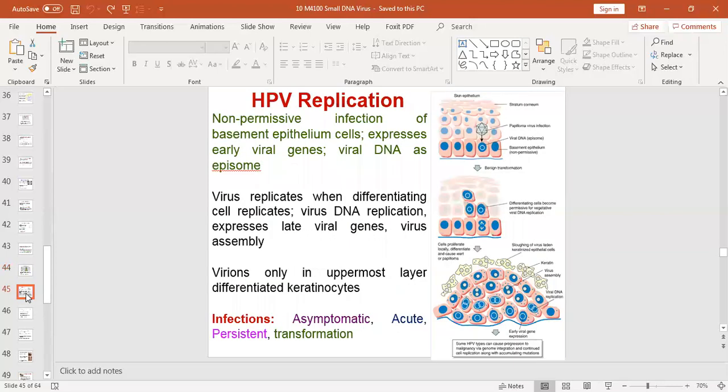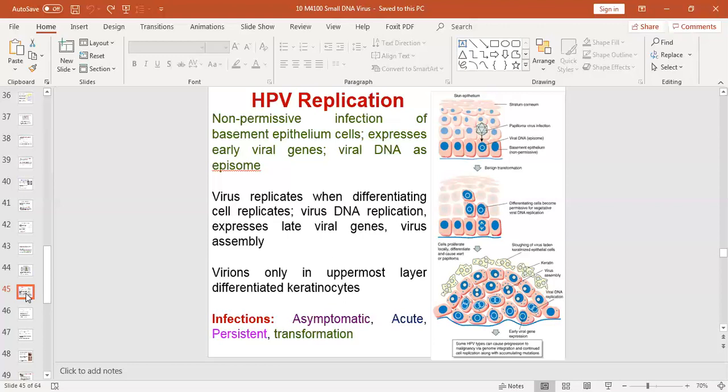Moving to slide 45, HPV replication. HPV replication causes non-permissive infection of basement epithelium cells. It expresses early viral genes, which code for early viral proteins, and viral DNA can exist as an extrachromosomal entity called an episome.